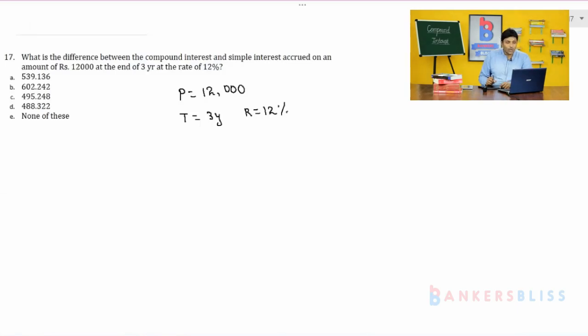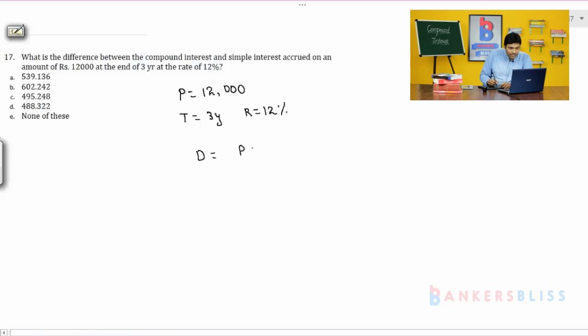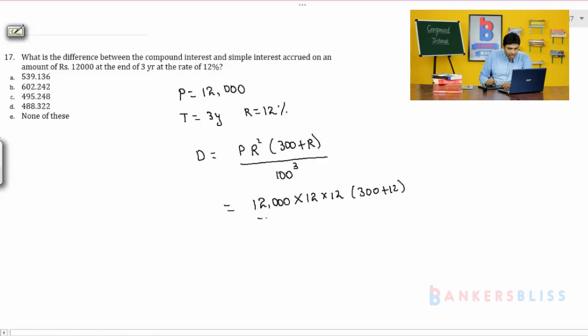For 3 years, you have a formula. The difference is equal to P into R square into (300 plus R), whole divided by 100 cube. So P means 12,000, into R square, which means 12 into 12, into (300 plus 12), whole divided by 100 cube, that is 100 into 100 into 100.